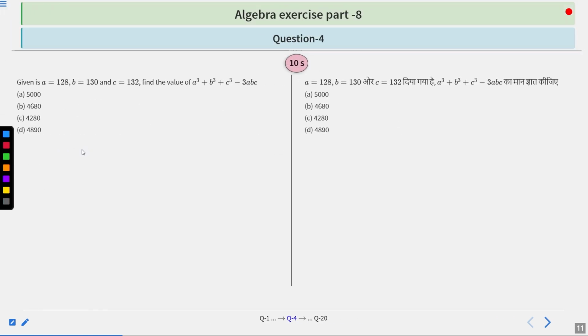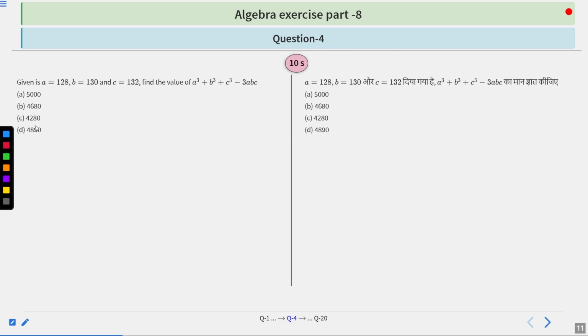Next, given is a equal to 128, b is equal to 130, and c is equal to 132. Find the value of a³ + b³ + c³ − 3abc. And options are option A, 5000, option B, 4680, option C, 4280, and option D, 4890.